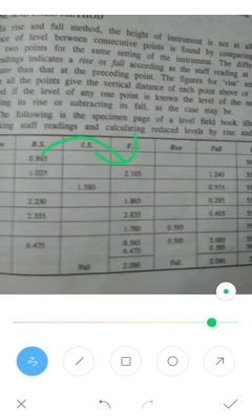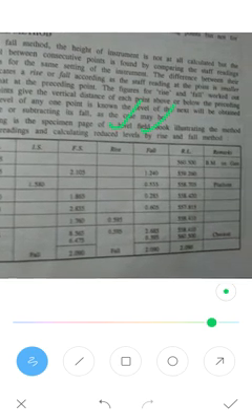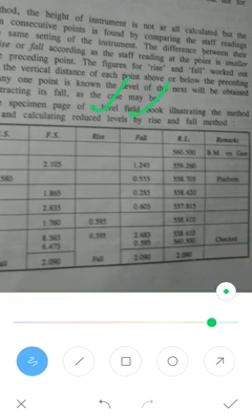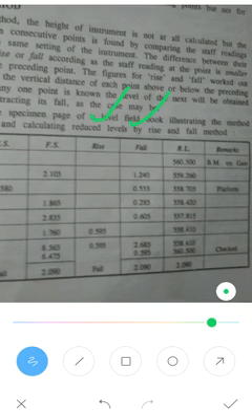By subtracting one reading from the other, you will get either a rise or a fall. If you get a rise, you add it to the previous RL. If it is a fall, you subtract it. Fall is for minus, rise is for addition. Keep this in mind.